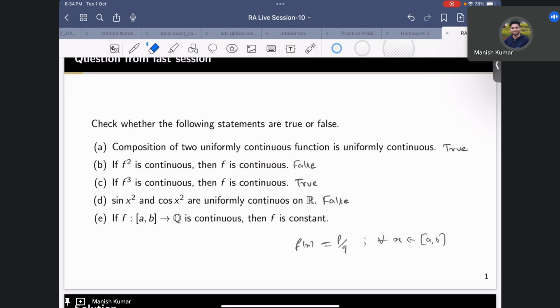Now between these two rationals there will be an irrational number as well. But it says that the codomain is going to be rational, so that will violate the intermediate value property, right? Okay, so this is a false statement.